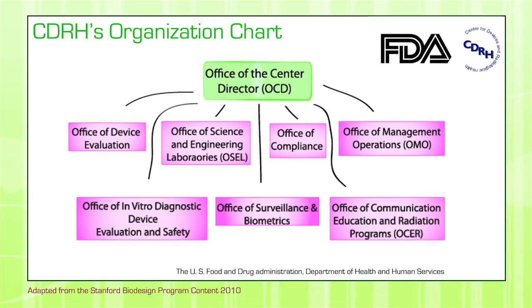As you're going to see, knowing the organization of the CDRH gives you the opportunity, in the US at least, to know which offices you have to refer yourself to, and also to know that, in collaboration with each other, these offices at the end of the day regulate your product and are going to be responsible for that.